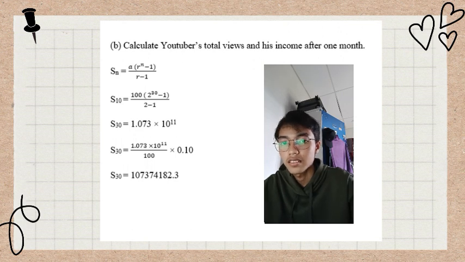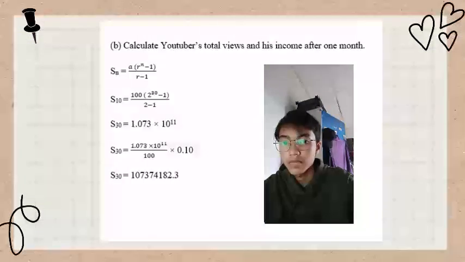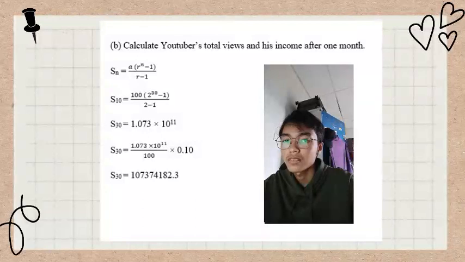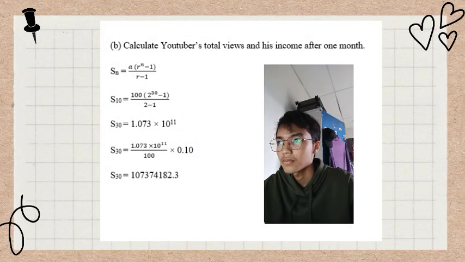So let's take a look at question B. Calculate the YouTuber's total views and his income after 1 month. So he wants the total for his income after 1 month. So the formula we use is Sn equal to a, open bracket, r to the power n minus 1, close bracket, over r minus 1.